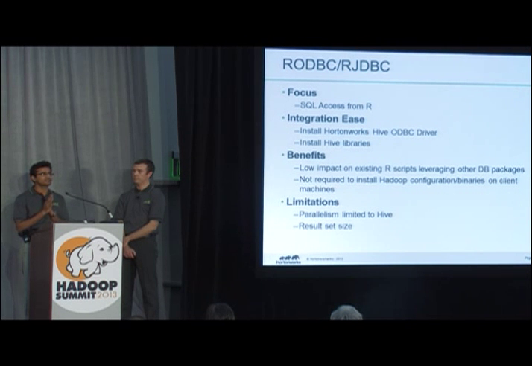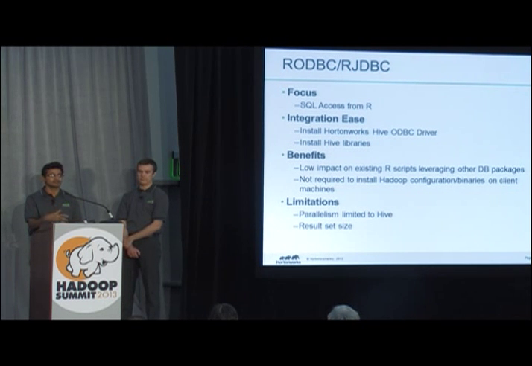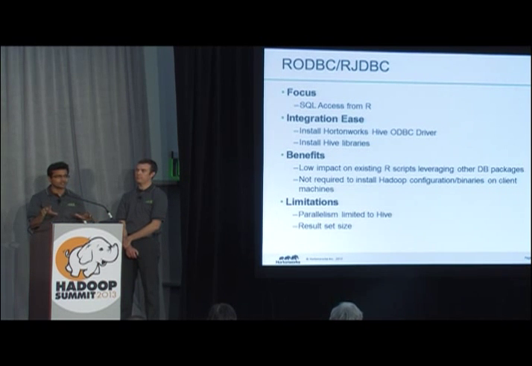Coming to the limitations of this approach, one is all parallelism that you have is in Hive. So say you have R scripts, you have some data, and you are issuing some queries. Whatever parallelism takes place is at the Hadoop level or Hive level. And once it comes back, when you are working on your result set, there's no parallelism involved there.